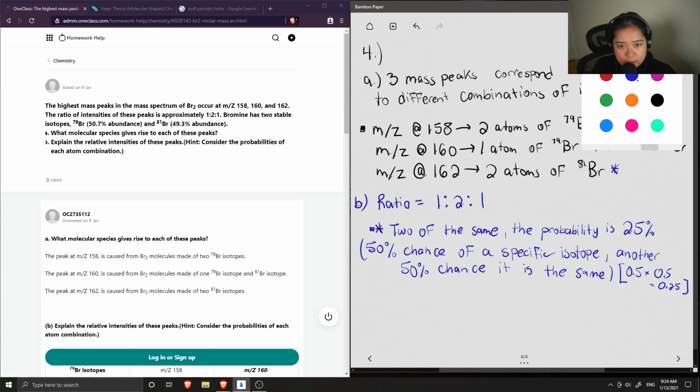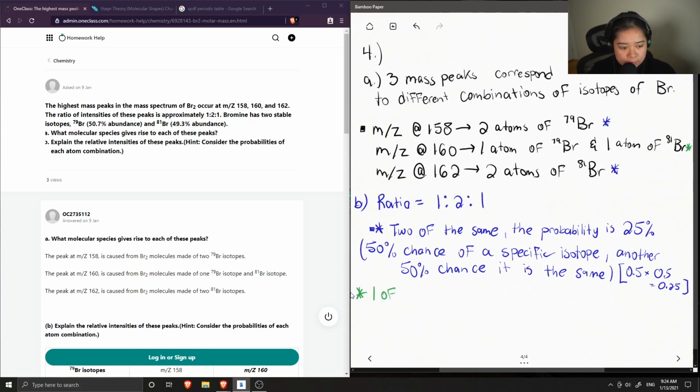So now let's talk about the option if we have one of each. I'm going to put an asterisk on our middle option. So the probability is 50%. So this corresponds to our 2 in the ratio.